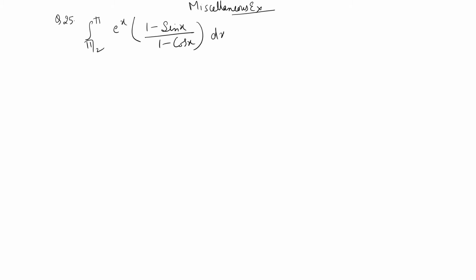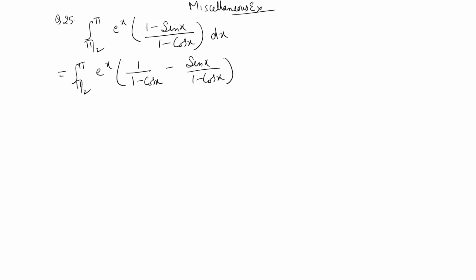Now if you look at this question, this form is not directly giving you the e raised to power x [f(x) plus f dash x] result. But if I split this numerator, that is 1 upon 1 minus cos x minus sin x upon 1 minus cos x.